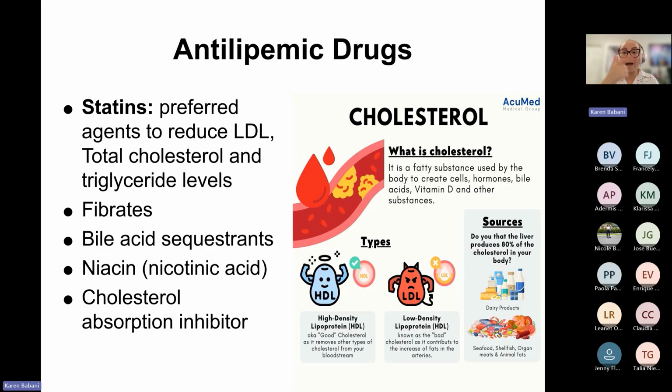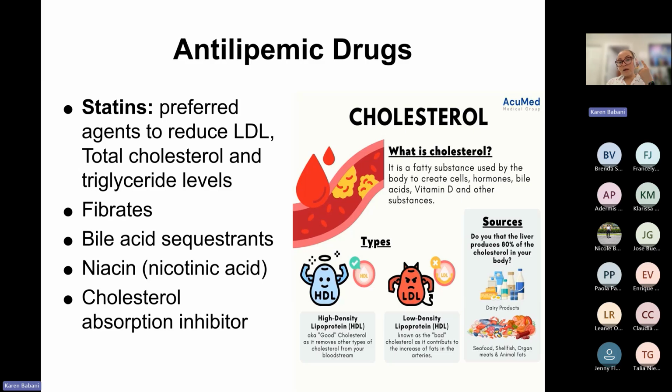Sometimes adding fish oil to the medication regimen is going to help increase that HDL, because remember, the job of the HDL, if we increase it, we are decreasing the LDL. So we want to make sure that the patient has that HDL as high as possible, preferably by improving the diet.